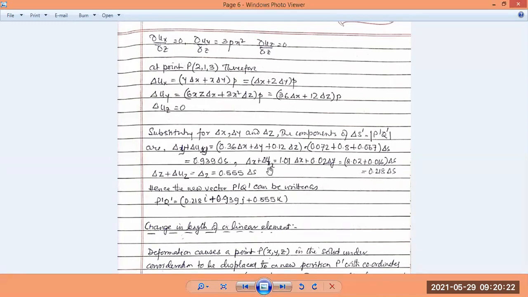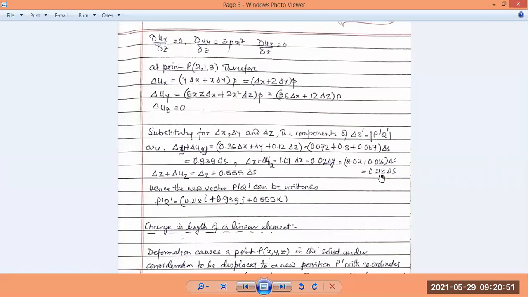Delta x plus delta ux is given by this equation. We have added the value of delta x with delta y with this equation here, the initial equation. This will take the form like this. And similarly we have got delta z plus delta uz. So it is equal to 0.55 delta x. So the new vector p dash q dash will be given with these vectors.